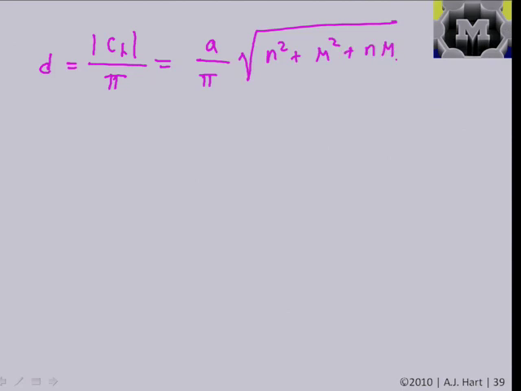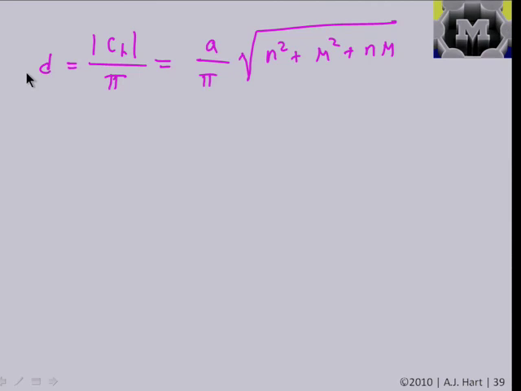And so, this is a formula that we can always look up if we need it, but the important thing here is that those numbers, n and m, the chiral indices, that 3,5 or 5,3 nanotube, as well as A, which is a constant, the length of the unit vector, and pi, uniquely determine the diameter of the tube.